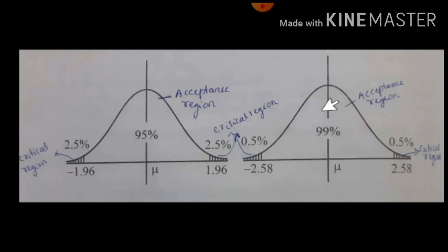Here it is 99%; this is the acceptance region at 99% or 1% significance level. Okay, so be familiar with all these terminologies, as we apply these concepts while solving problems.